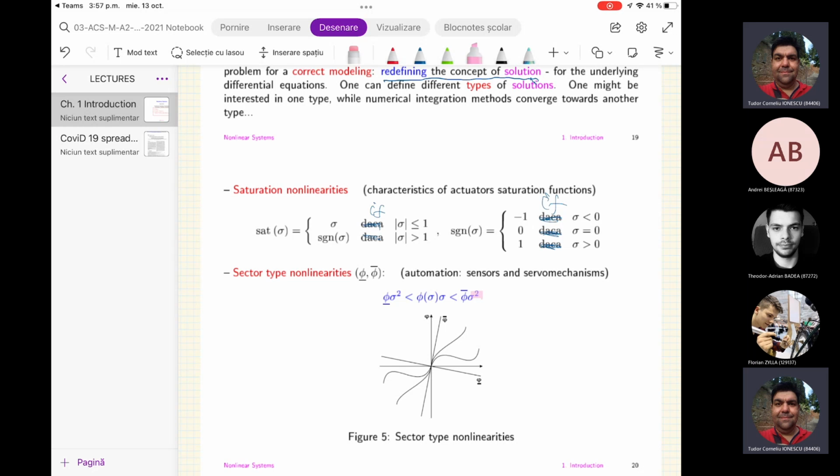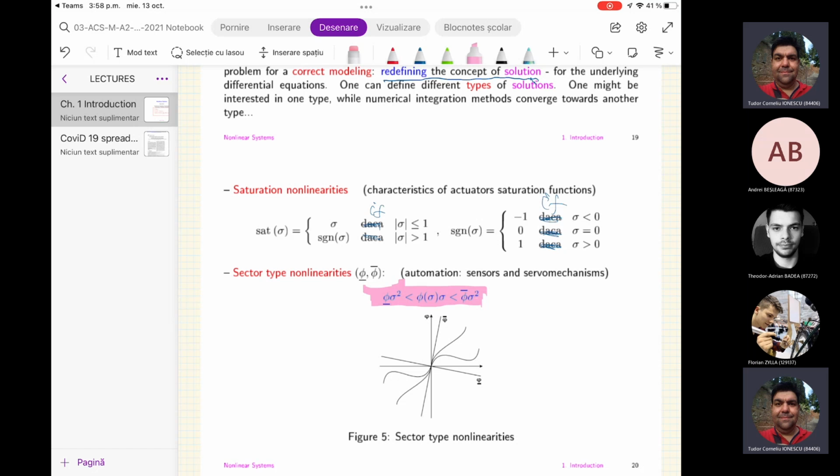We have sector type nonlinearities, and I would really like you to keep in mind this type of nonlinearities, because we are going to study this in chapter 5. We can get specific stability concepts for such types of nonlinearities, and actually we are going to get frequency domain criteria discovered by Popov, the Romanian Popov, to assess stability for a specific class of nonlinear systems, i.e. the class where the nonlinearities are static, not dynamic.